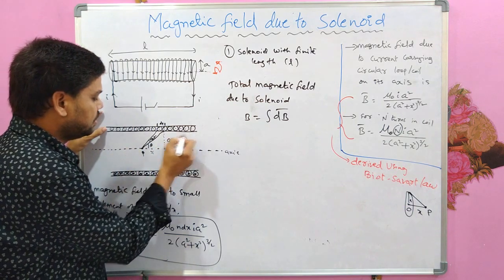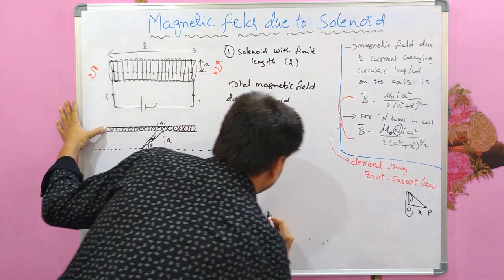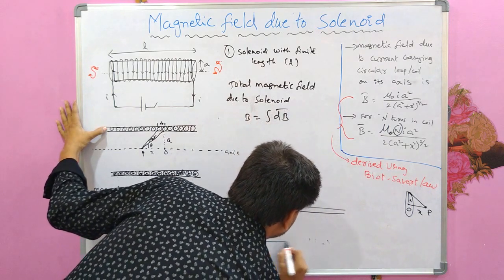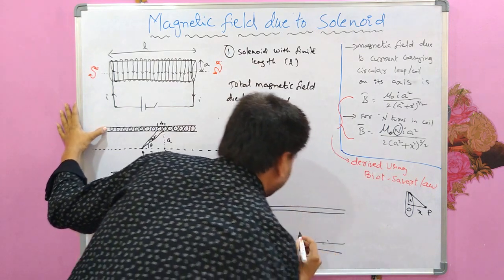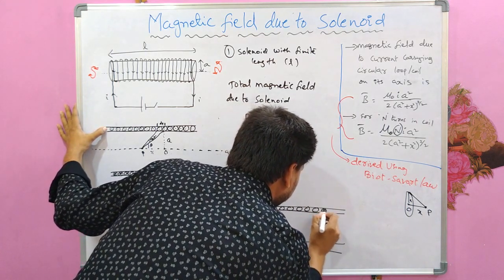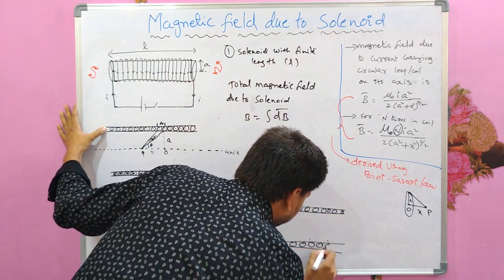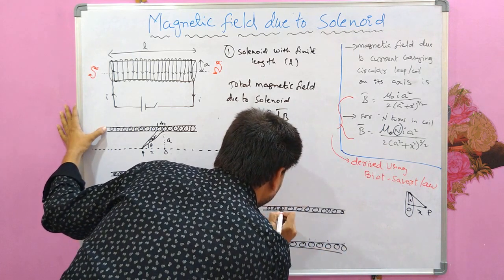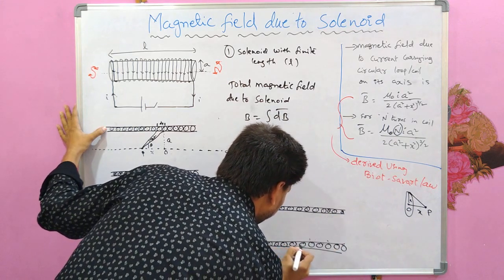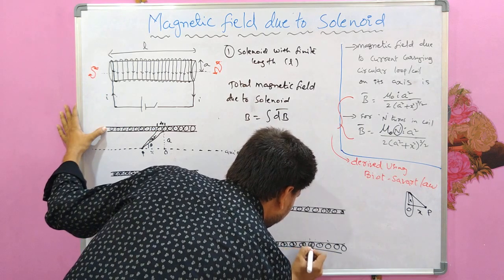Now if I take from this place to this place, this will be like cross marks.